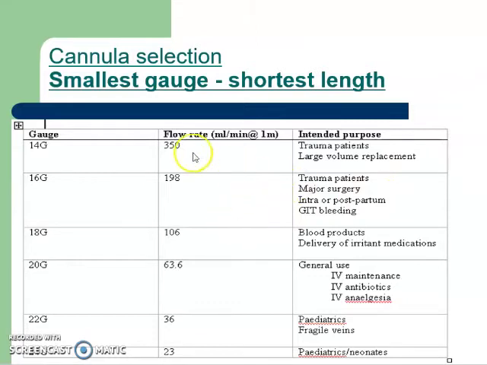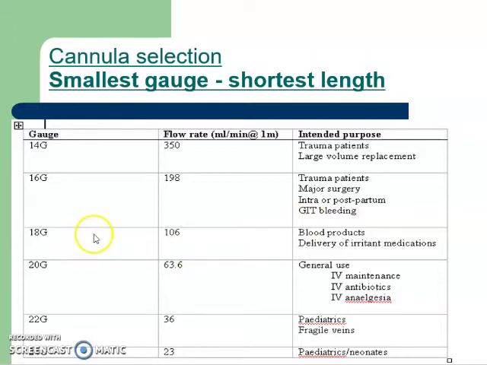For example, if you want to give a very high flow rate, say 350 ml per minute, which may be required maybe in a trauma patient or where you have to give fast, large volume replacement, then you can select a 14 gauge cannula or a 16 gauge cannula to which you can give a flow rate of about 198 ml per minute, and that is used say in trauma patients where patients are undergoing major surgery, then in obstetric patients, and where you have GI bleeding.